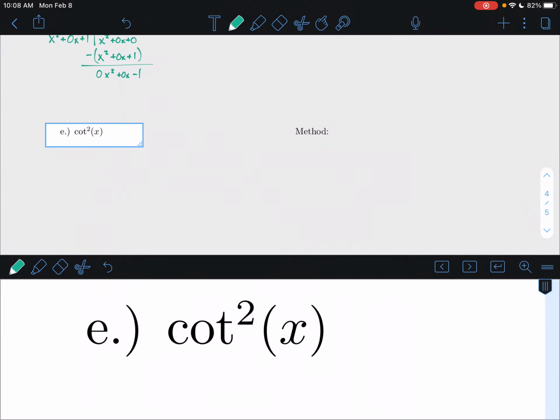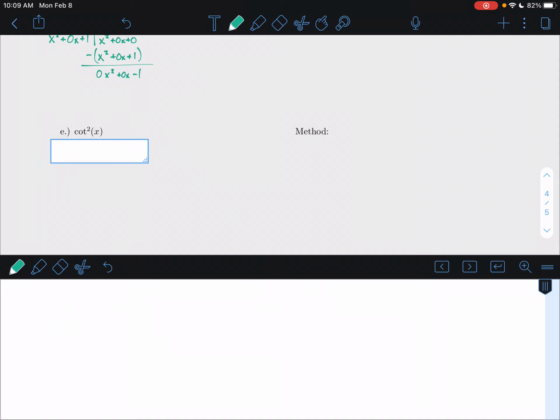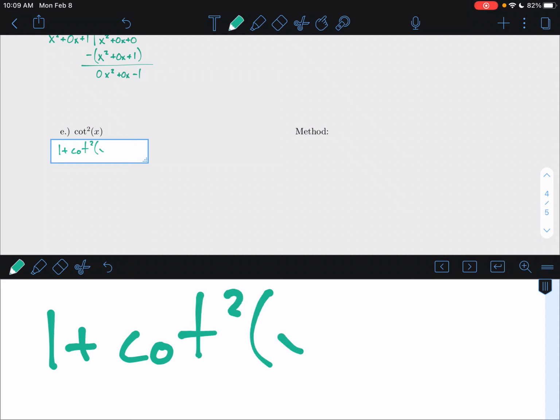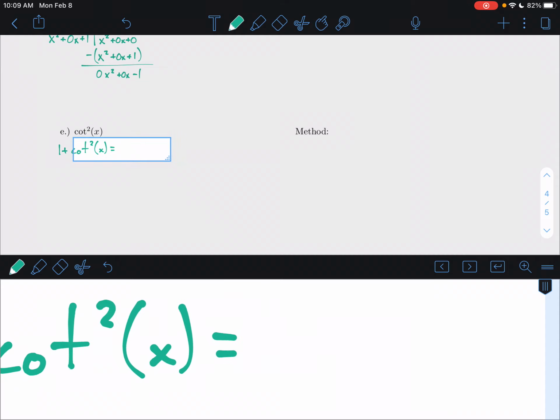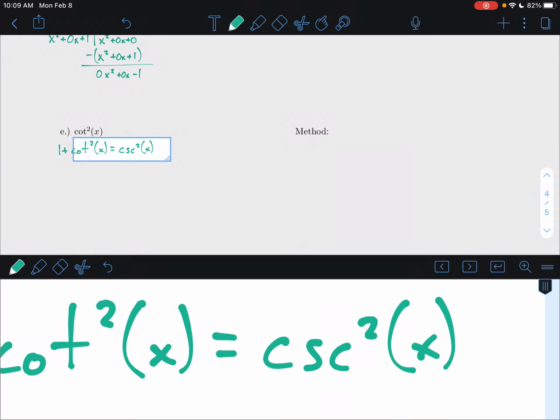And finally, this fifth example here, we have the cotangent squared of x. So if I were to integrate this, there is no rule for integrating cotangent squared. But I know my trig identities, and I know that there's a trig identity that says 1 plus the cotangent squared of x equals the cosecant squared of x.